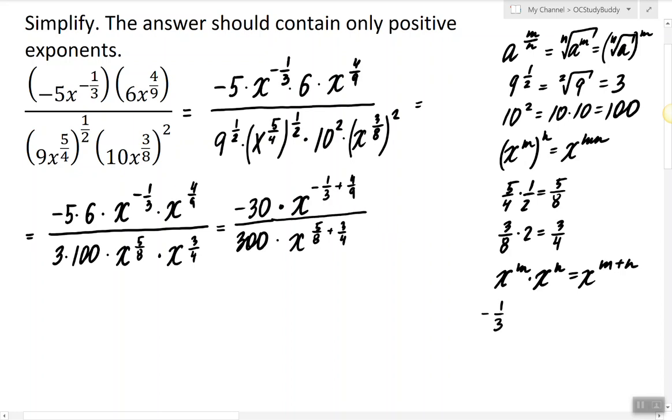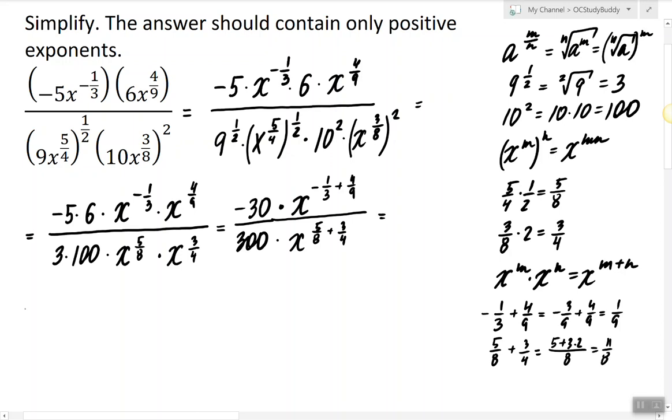So negative 1/3 plus 4/9 is actually negative 3 over 9 plus 4 over 9. It's just 1/9, and 5/8 plus 3/4 is just 5 plus 3 times 2 over 8, which is 11 over 8.